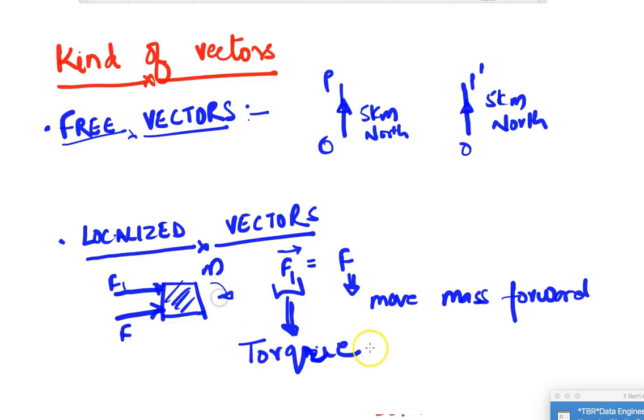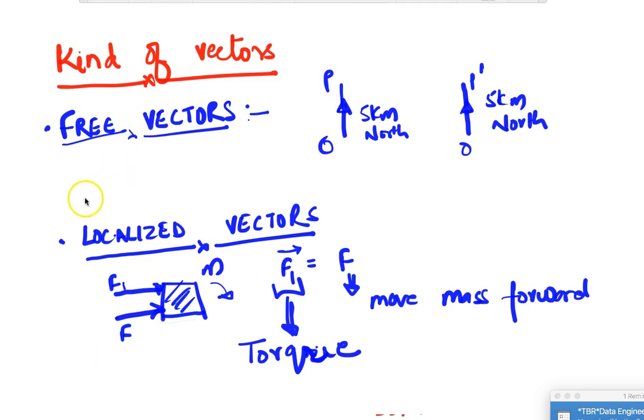Try to rotate this mass. So it's the same vector from a mathematical perspective, it has the same direction and same magnitude, but the impact of that vector is different on a physical quantity. Such vectors are called localized vectors.